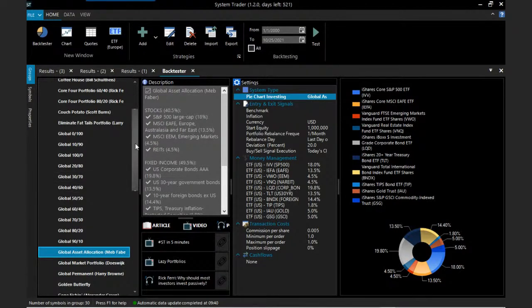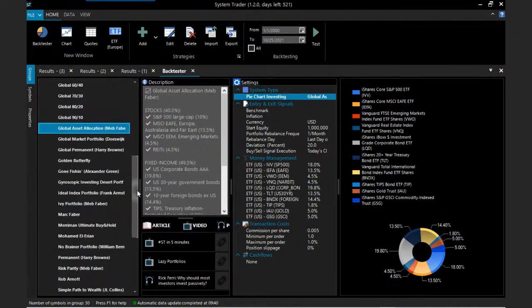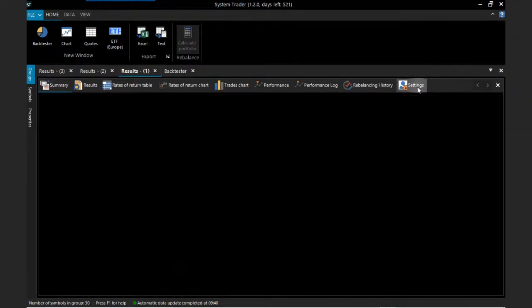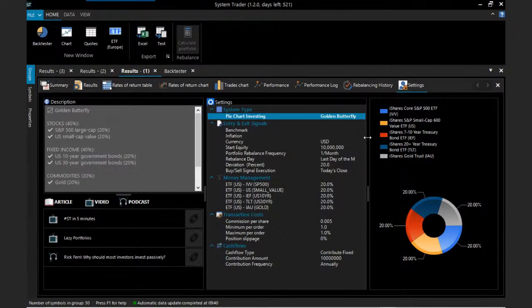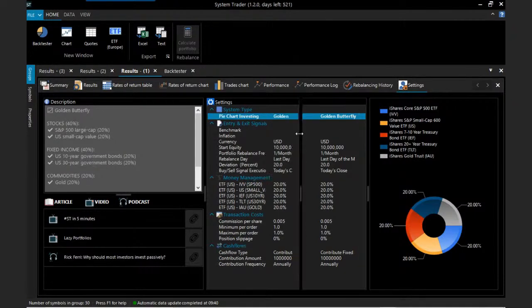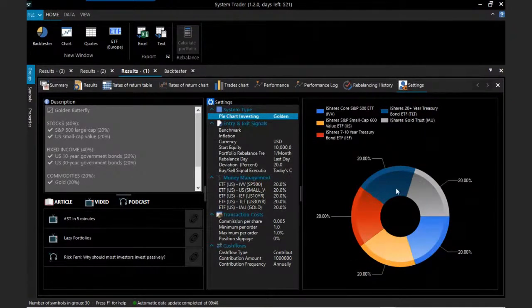But what I wanted to show you is a particular example of how investing works in the long term. For that reason, I will show you a simple portfolio called Golden Butterfly. The Golden Butterfly portfolio has 5 pieces in it. It has 40% of stocks, where 20% are S&P 500 and another 20% US small cap value.